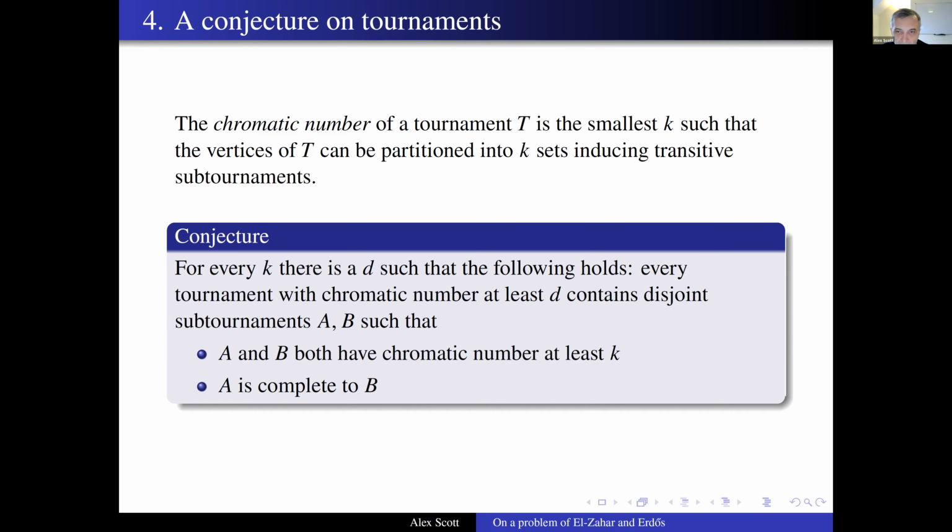The conjecture is that for every k, if you have a very large chromatic number, then there are some pair of disjoint subtournaments A and B, so that they both have chromatic number at least k, and the first one is complete to the second one, which means all the edges between A and B go from A to B. Okay, so that's the conjecture. Let me relate that first to the El-Zahar and Erdős question.